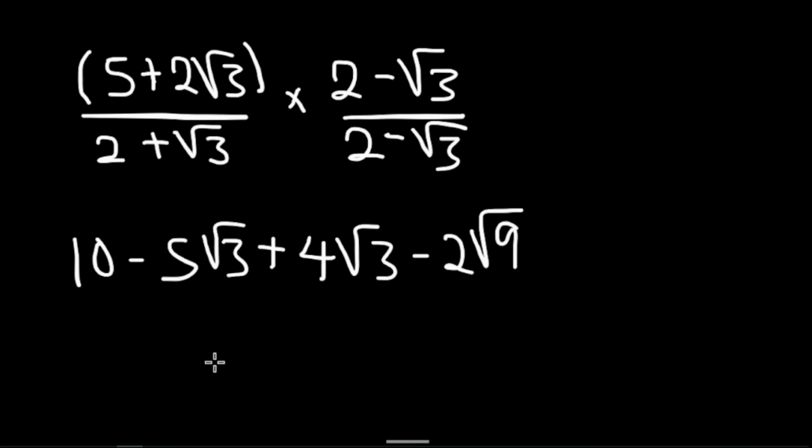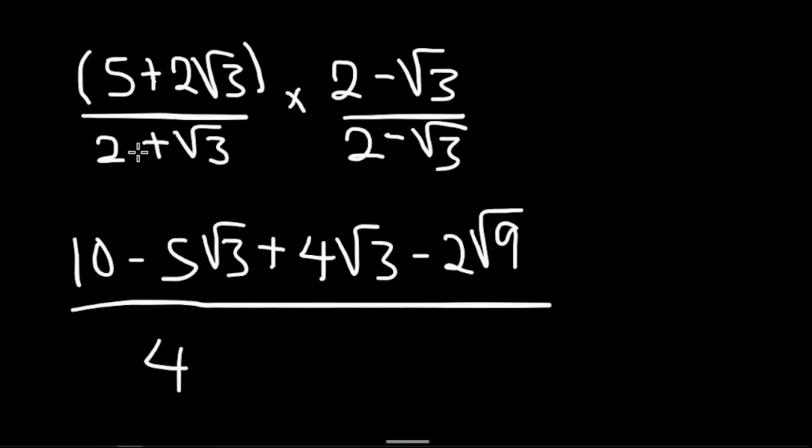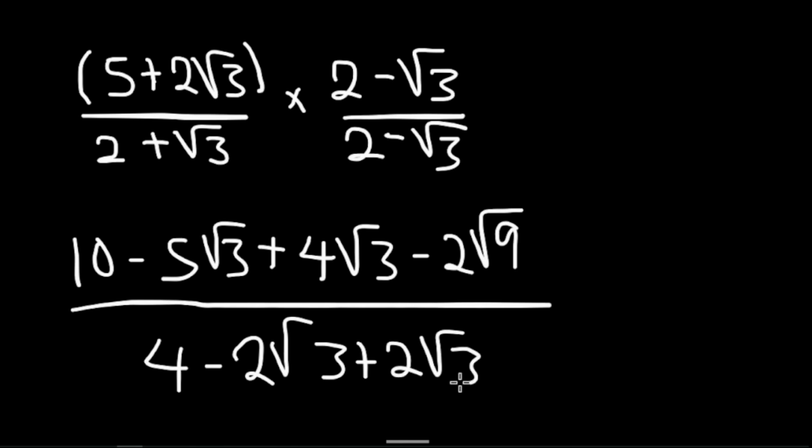Boom. And then this is all going to be over 2 times 2, that is 4. 2 times negative root 3 becomes negative 2 root 3. That will become positive 2 root 3, and then that's going to be minus the root of 9. So we've just simply multiplied everything out there.